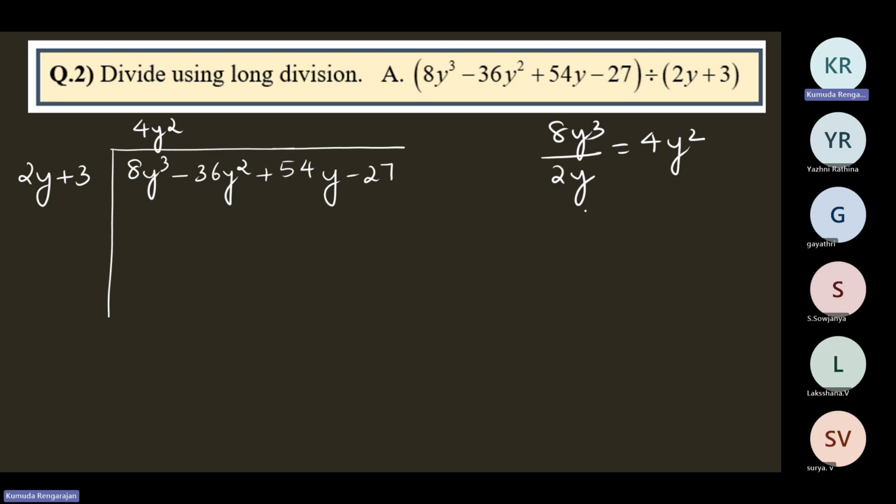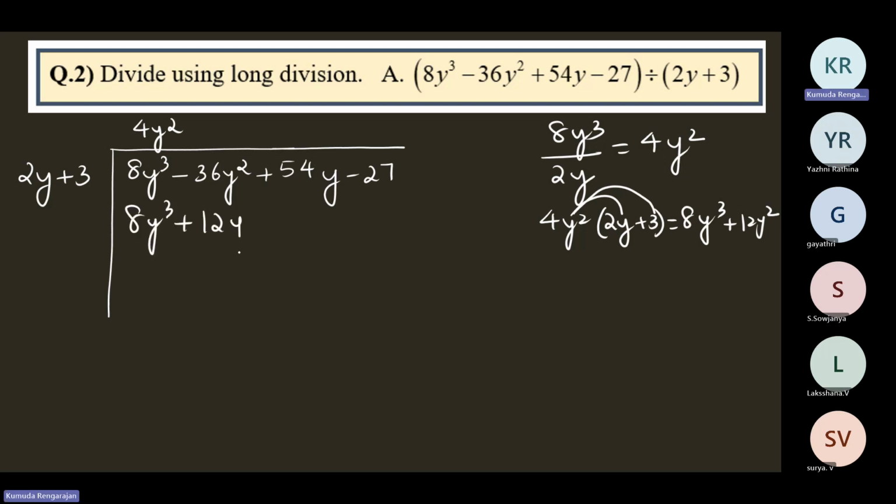Now you need to multiply 4y square with the divisor 2y plus 3. You will get 8y cubed plus 12y square. You need to multiply these two and these two. So write that expression here, 8y cubed plus 12y square.